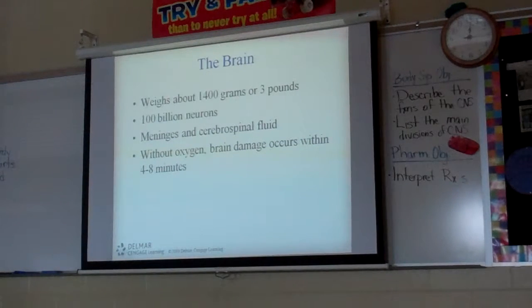This is something you need to know. The brain of a human weighs about 1,400 grams or 3 pounds. If you do an autopsy and the brain weighs more or less, it can signify something.